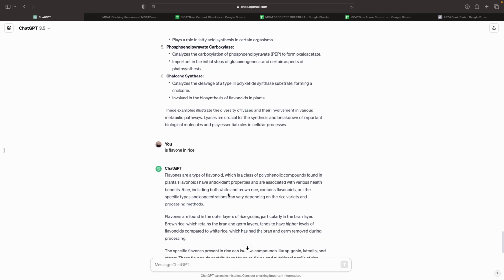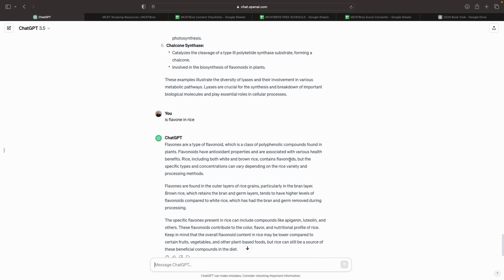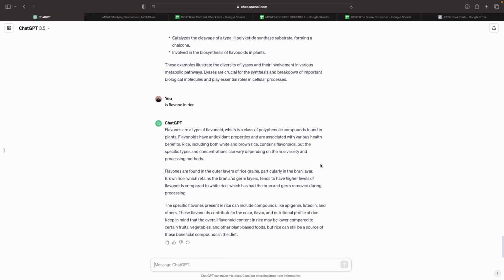Rice, including both white and brown rice, contains flavonoids, but the specific types and concentrations can vary depending on the rice variety. They are in the outer layers of rice grains, particularly in the bran layer. Brown rice, which retains the bran and germ layers, tends to have higher levels of flavonoids compared to white rice, which has had the bran and germ removed during processing.